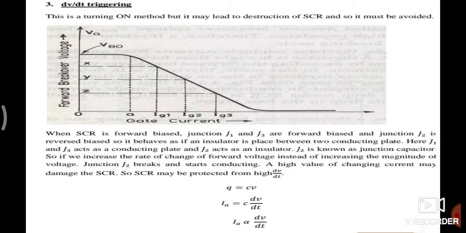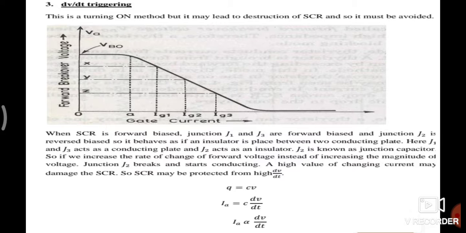If you apply this dV by dt, then junction J2 breaks and starts conduction. A high value of charging current may damage the SCR. So this is also a very important thing to remember: we have to apply this dV by dt rating very carefully.